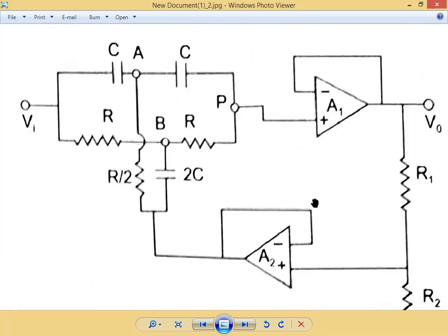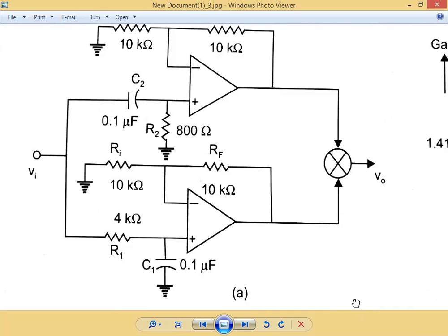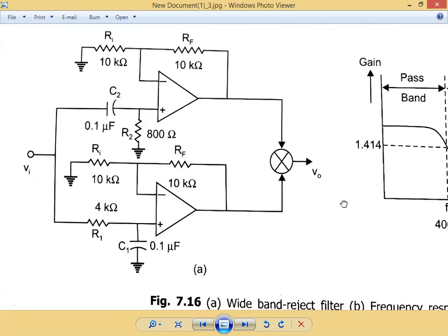And coming to the next concept, the wide band reject filter.